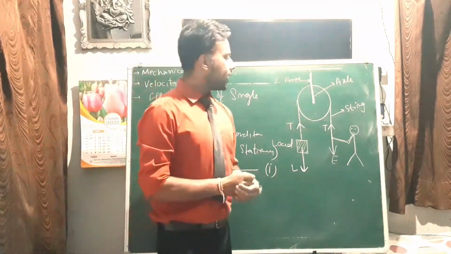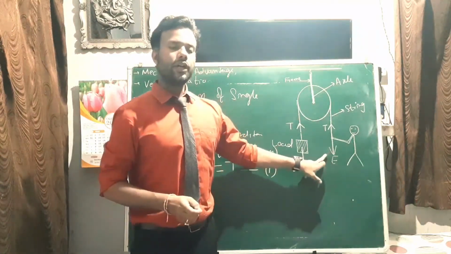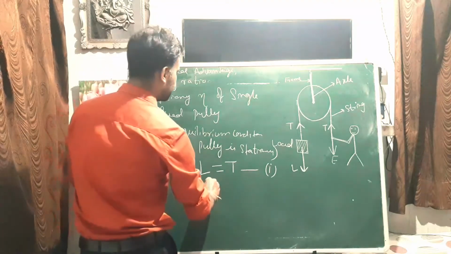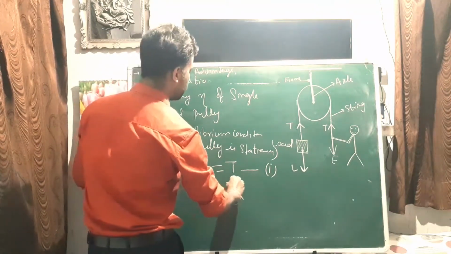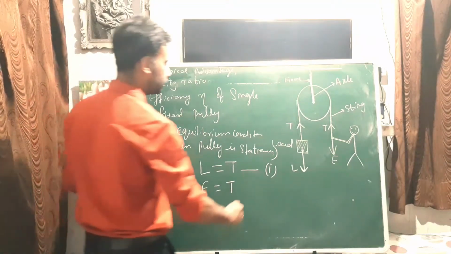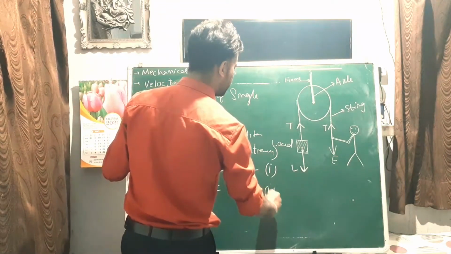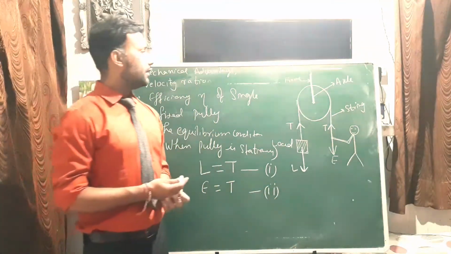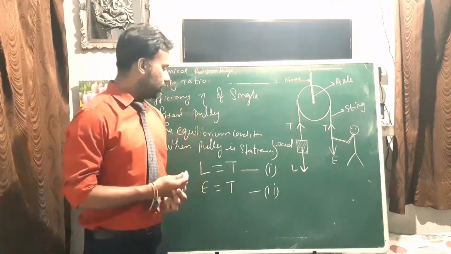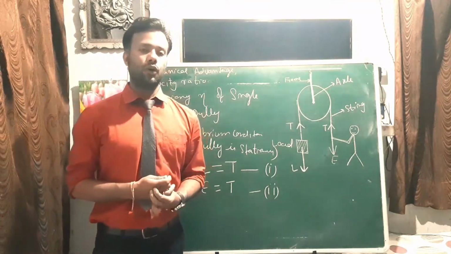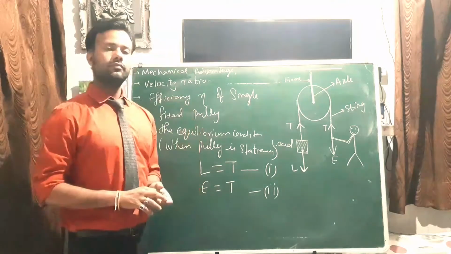Also, we are applying effort here, and you can see that effort is also equal to what? T. Effort is also equal to T. Equation number 2. That means you can see that in a single fixed pulley, both the load and effort are equal to the value of tension, that is T, right?